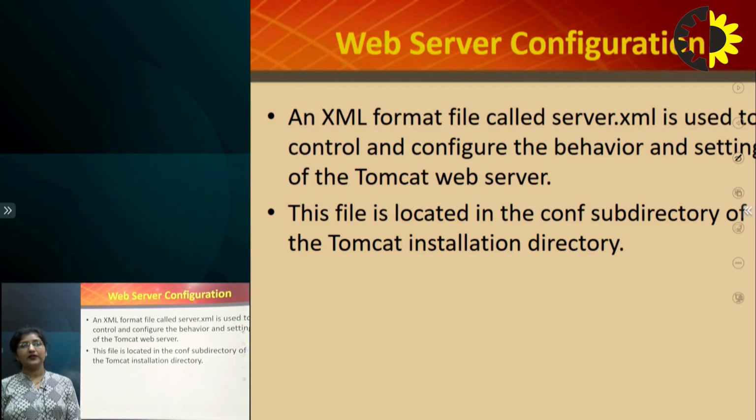To run a server-side application on my particular system, I need to create a server as well. I need a server where all these configurations can be handled. For that, we need all these configurations. This particular file is located in the conf subdirectory of the Tomcat installation directory.